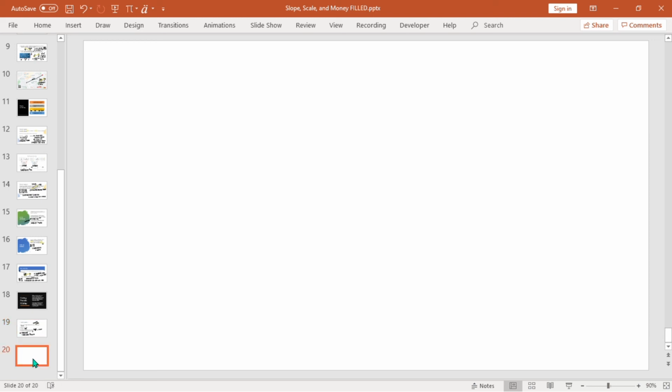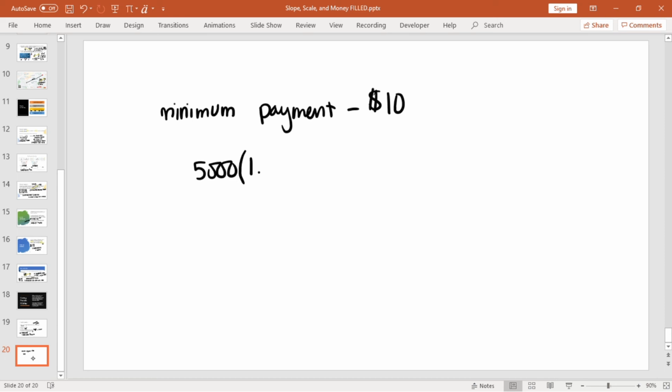The other thing that makes me laugh about this is if you ever look at your credit card statement, it says the minimum payment is always $10. So that's awesome. If I were to run it for 1 month, my formula becomes the same numbers, but I've only done it for 1 month. So it's just basically multiplication.